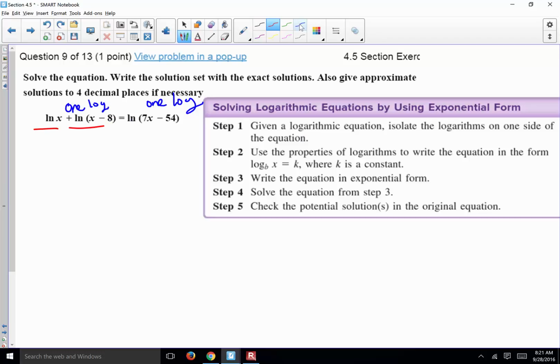So step 1 again, we need to isolate the logarithms on one side of the equation. Okay? And I see 2 here, they are not isolated, so I need to keep them single here. Okay, how do I combine them?